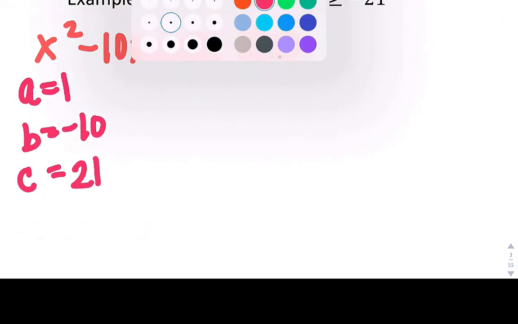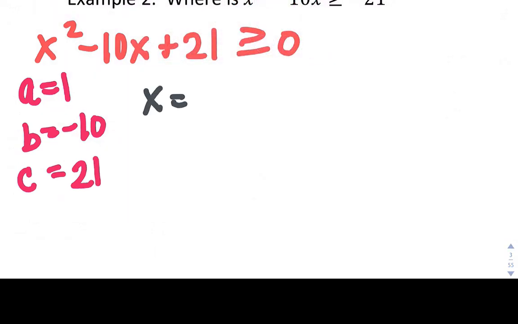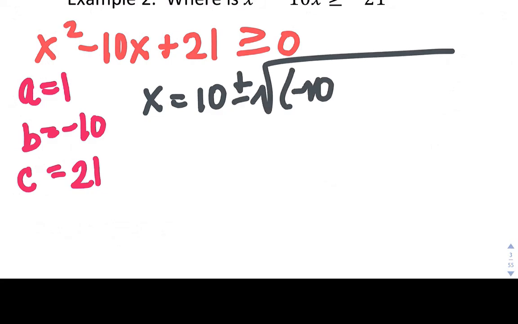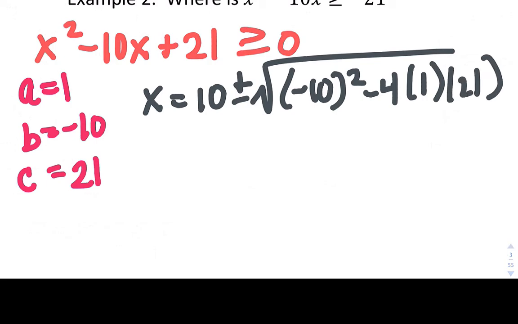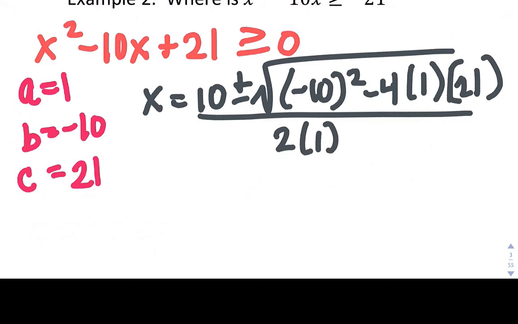Plug into quadratic formula. X equals opposite b plus or minus the square root of b squared, negative 10 squared, minus 4ac, all over 2a. Circle our three numbers that we want.